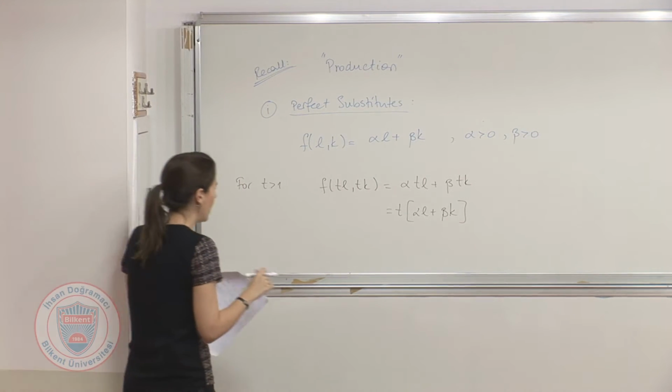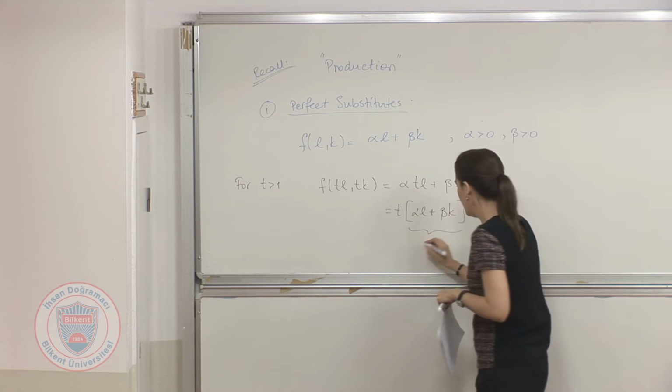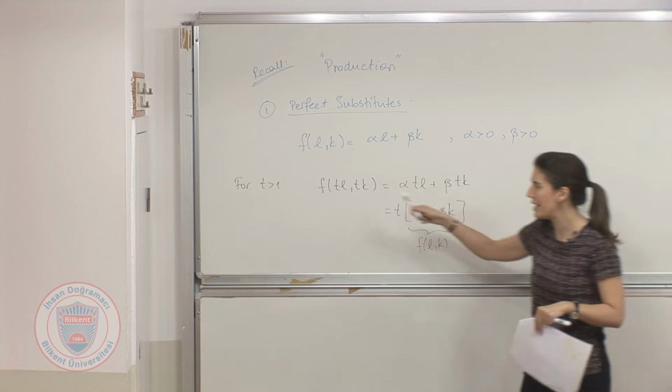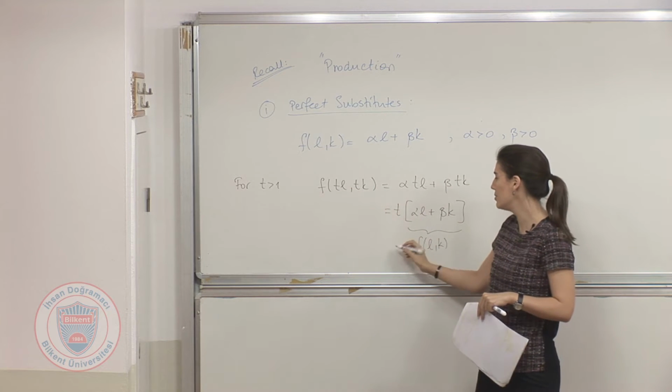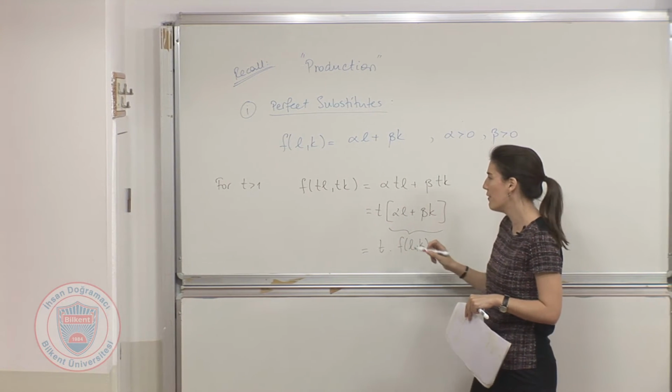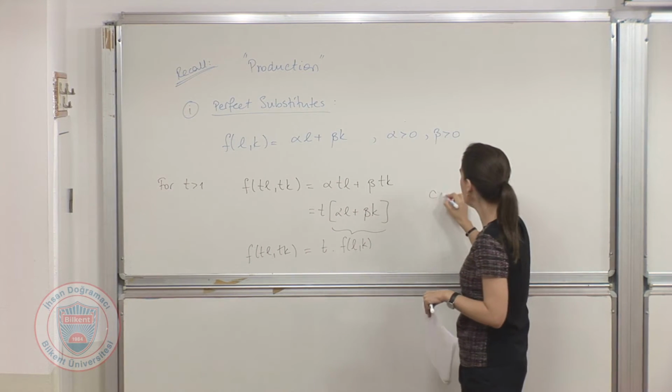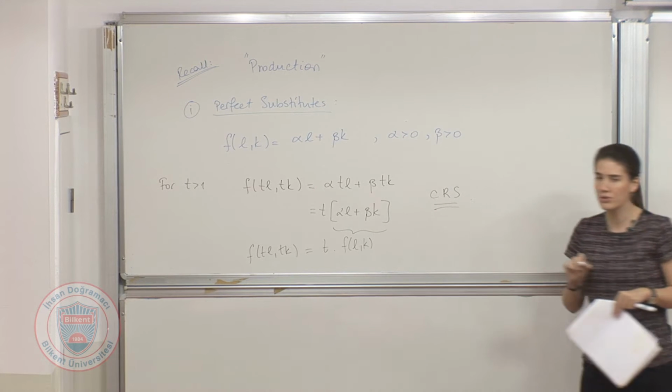Constant returns to scale, right? Because this is exactly f of L, K. So you see that f of tL, tK equals t times f of L, K. Therefore we said that here we see constant returns to scale.